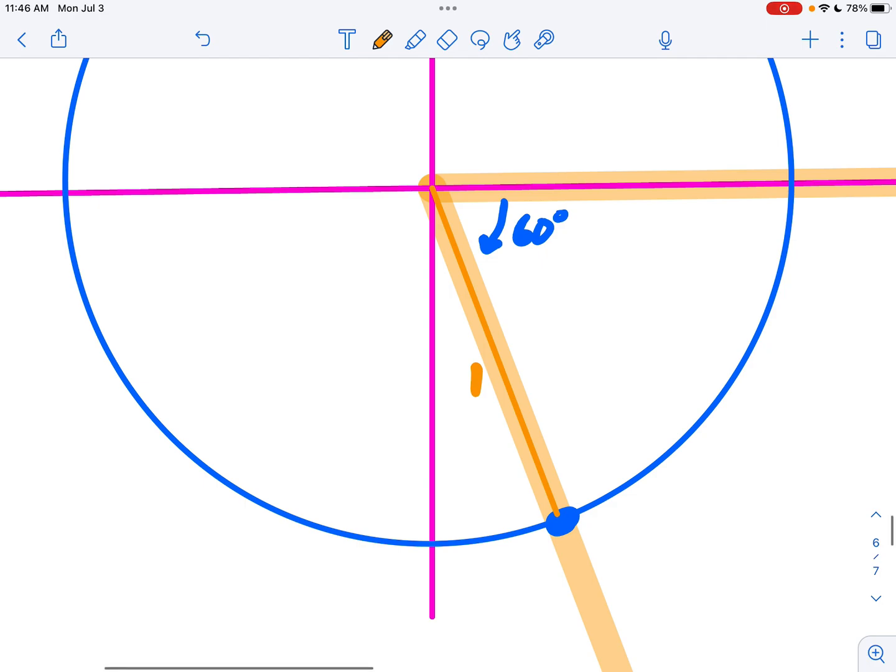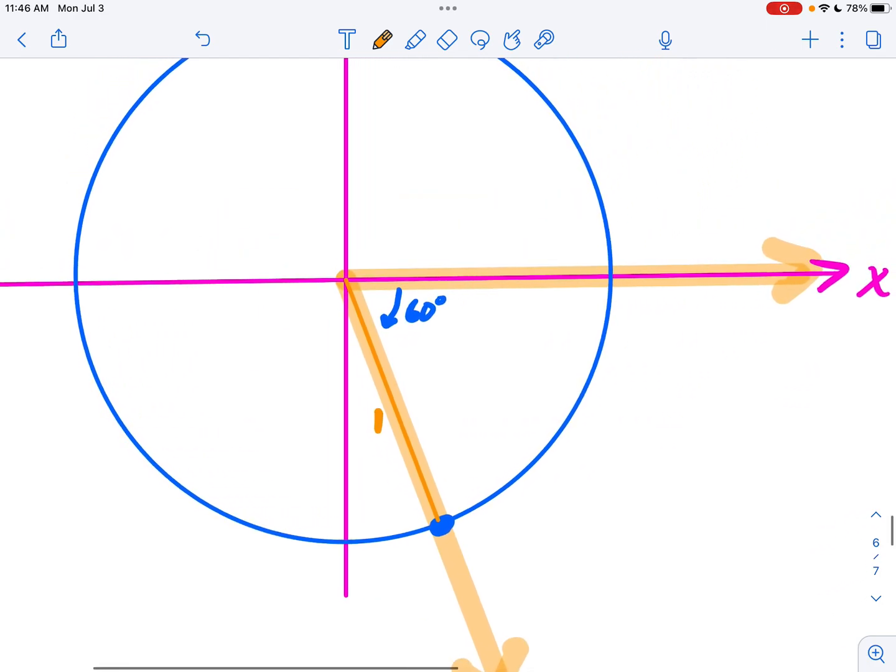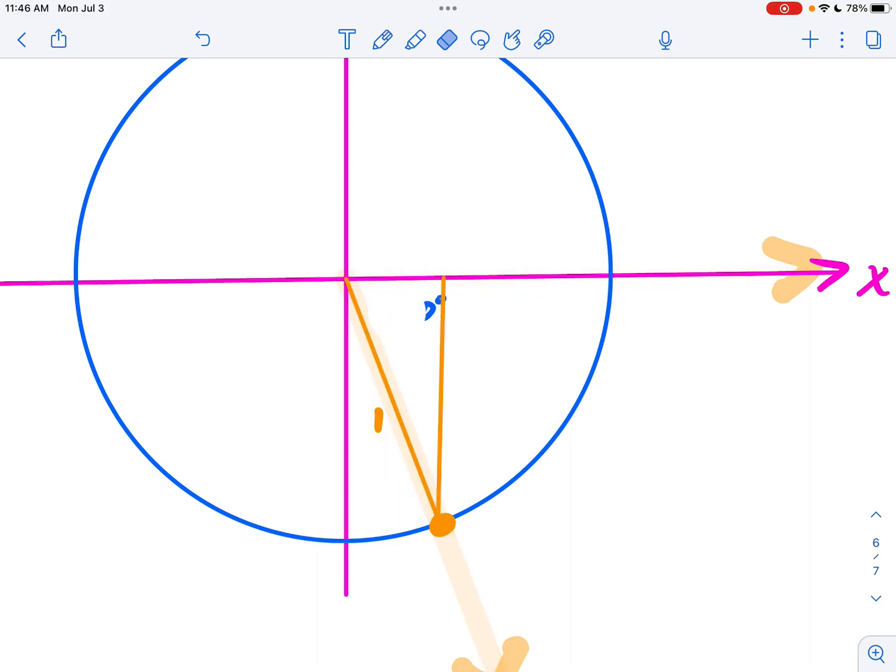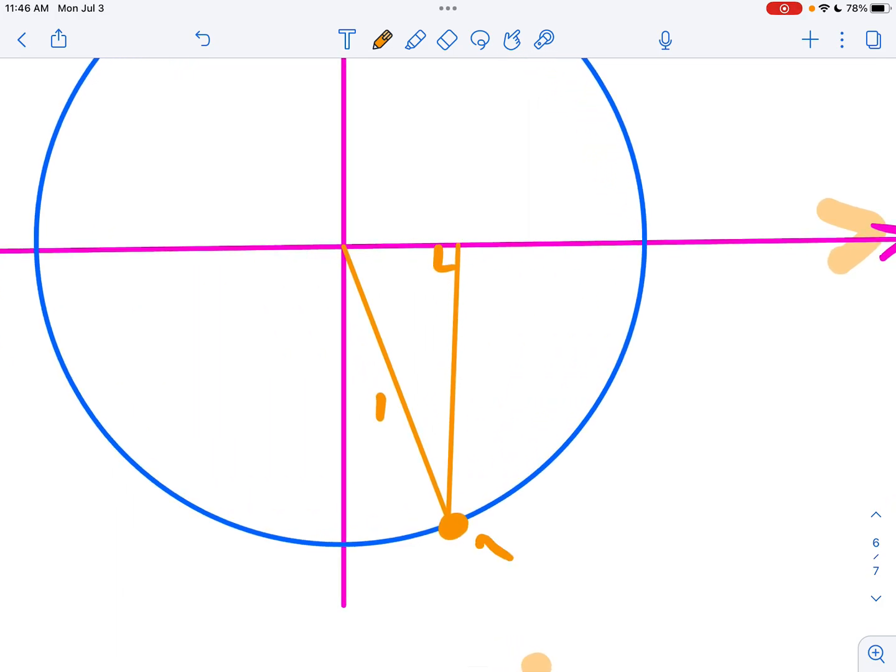What I'm going to do is draw a triangle to better understand where this point is. So I could go straight up like so. I'm going to erase this. Let's just remember that that was -60 degrees. I'm trying to figure out where this point is.